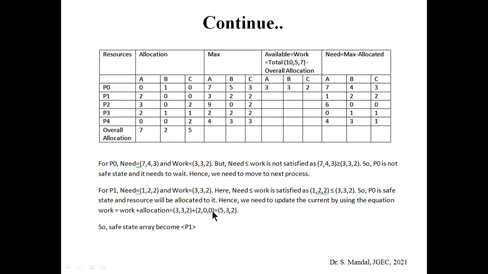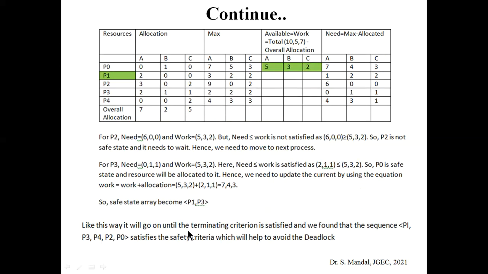So 3 plus 2 is 5, 3 plus 0 is 3, 2 plus 0 is 2. The updated work is 532, and the safe state array is updated with P1. We denote P1 in green, and the updated work value is 532.